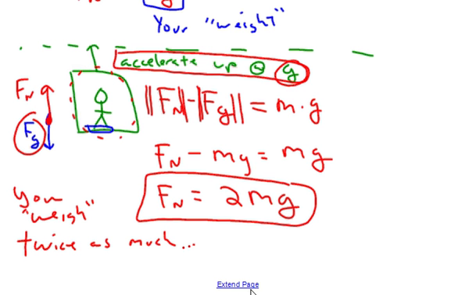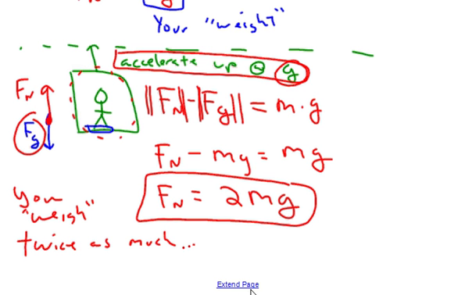Again, you don't weigh twice as much. You haven't gained any weight. What you're feeling is an apparent weight, which is the normal force pushing twice as much as it normally does. So you will feel heavier. You'll feel twice as heavy, even though nothing has changed.